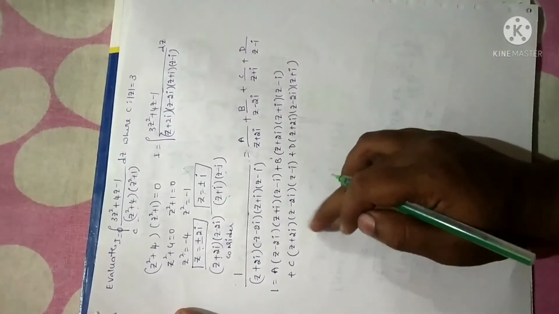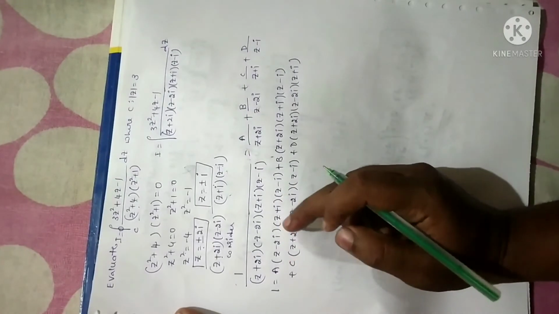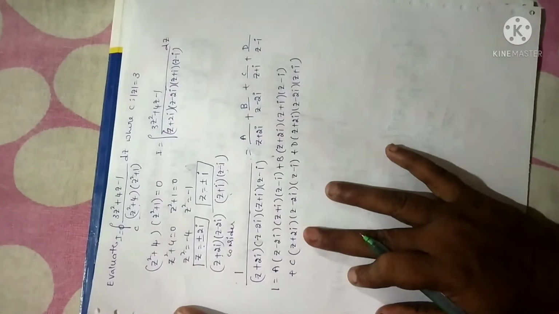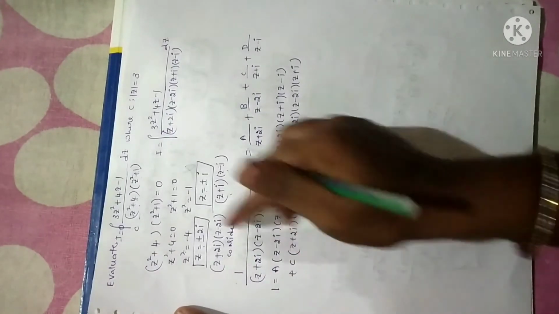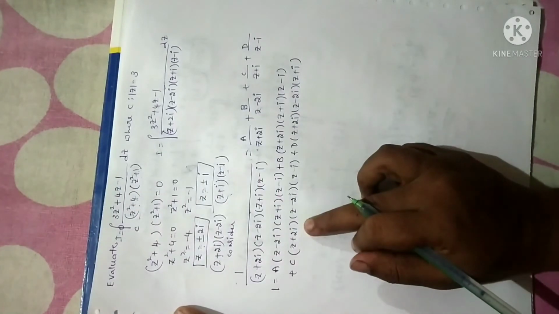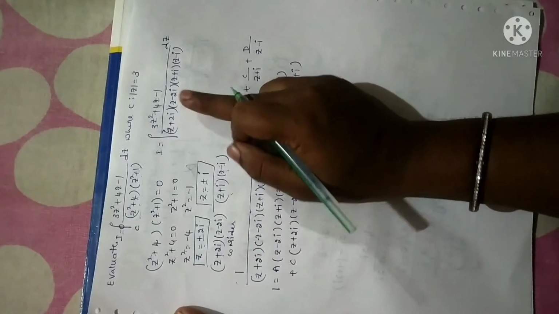Now instead of giving values for each and every term, that is z values, and finding the a, b, c, d values, in this particular problem I am going to replace directly in the given problem. See here, the given integral is this one. I have written this as the product of factors.